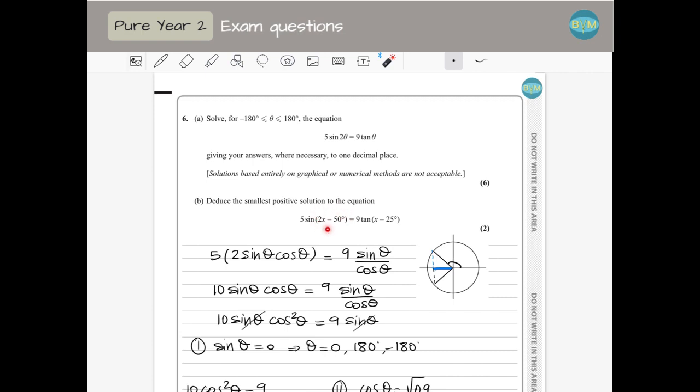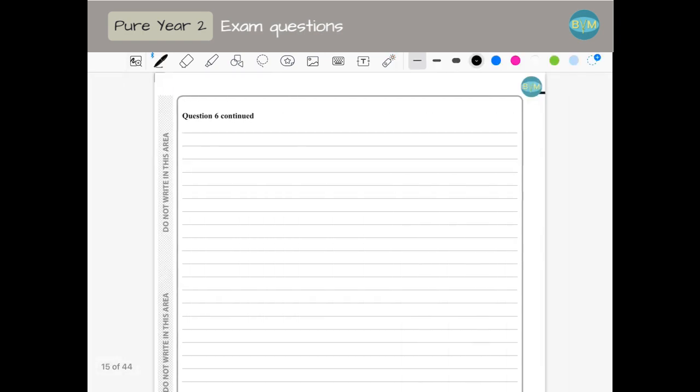We have solved this equation, so we can use that information to solve this one. So I'm going to make 2 theta equal to 2x minus 50.